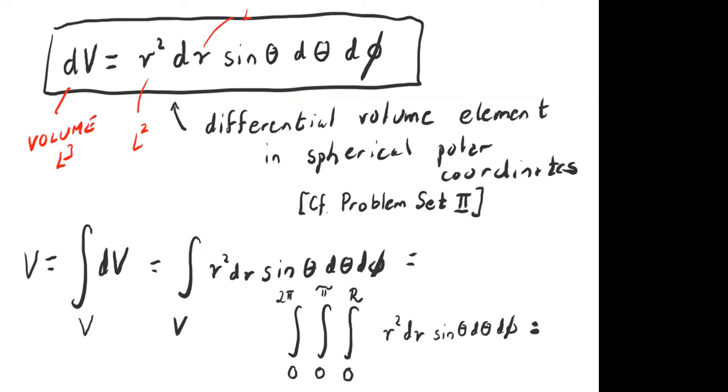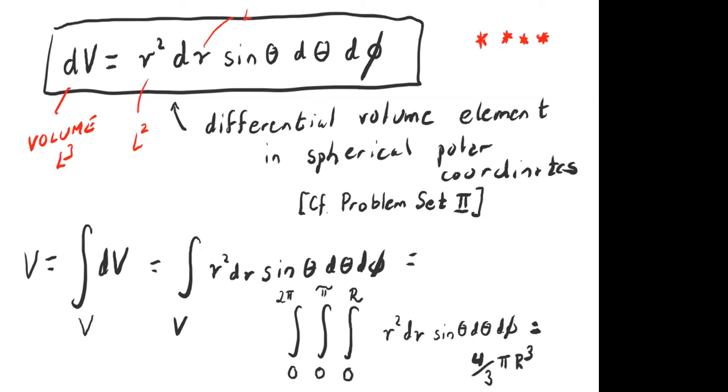You should show, we did this last time, that this is 4/3 pi r cubed. So that gives credence to our belief that this is the right expression for the differential volume element in spherical polar coordinates.